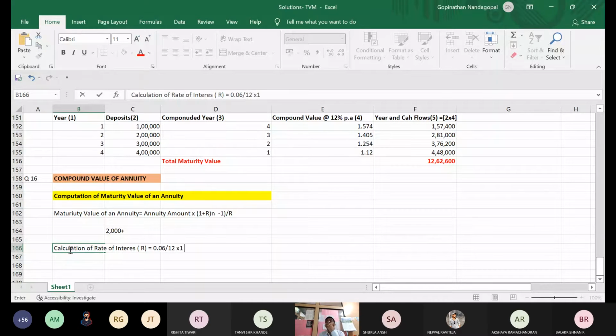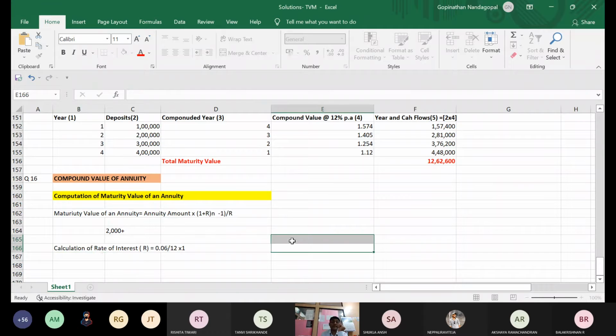Am I right? Because it is compounded monthly. See the question. Yes, sir. So it is divided by 12. Yeah, it is compounded monthly.